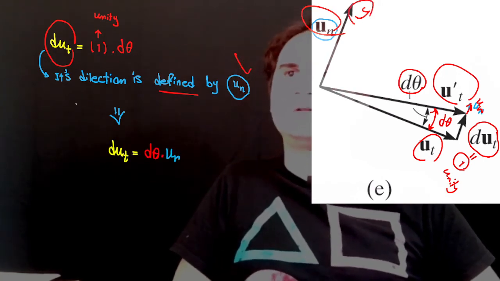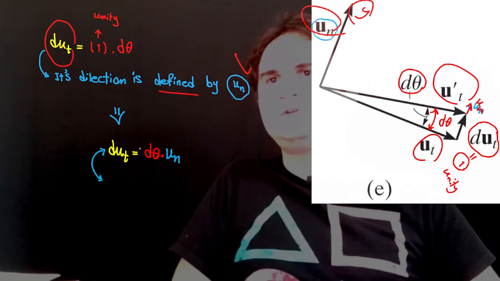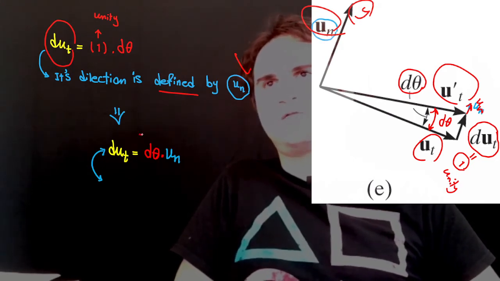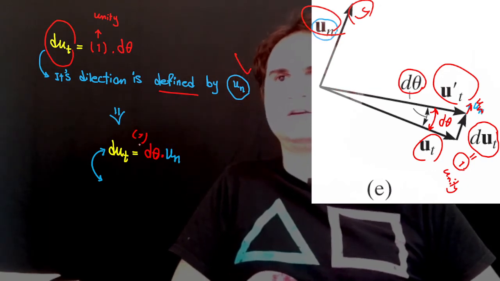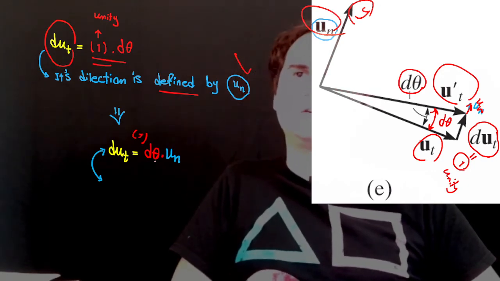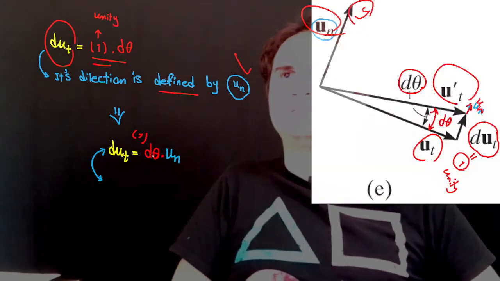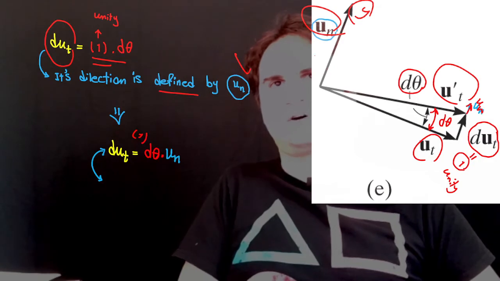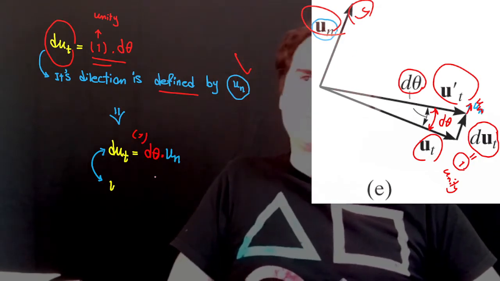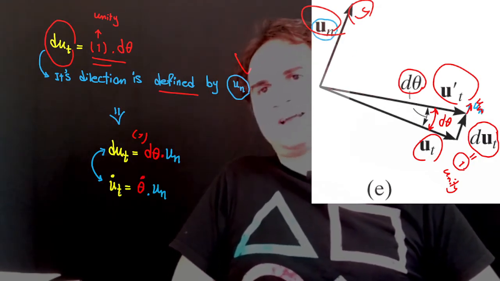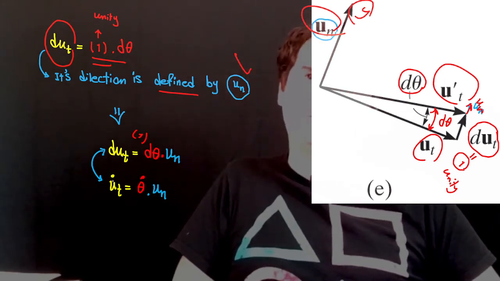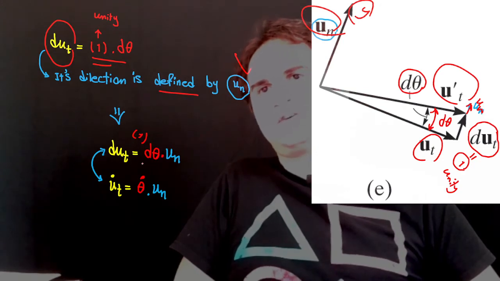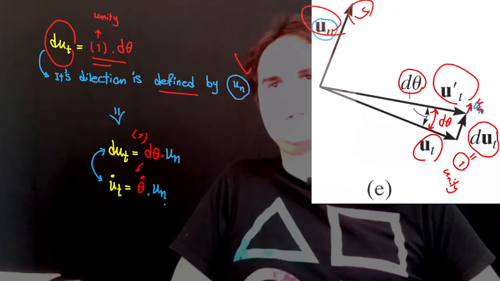We can rearrange du_t as 1 times d theta, times u_n, which is the unit vector we are talking about. So one can say you can replace du_t by d theta times u_n, and with time, u dot t is replaced by theta dot times u_n.